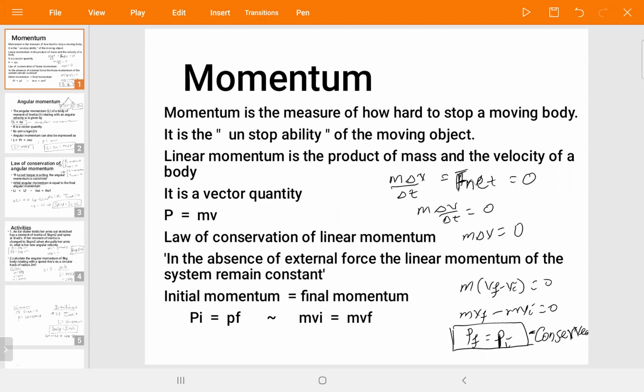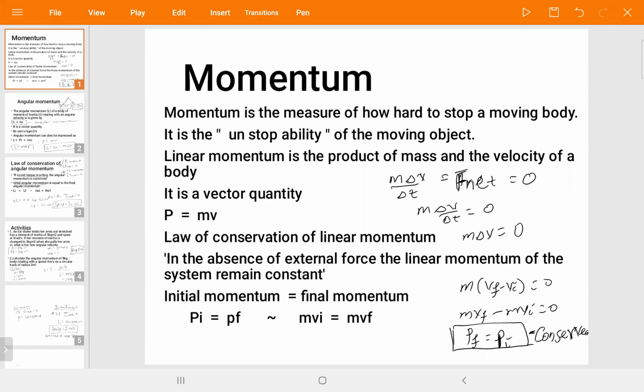If an object is moving with a large speed, it is tough to stop it. And in a similar way, if a body has a huge mass, it will be hard to stop it. And momentum can be linear momentum and angular momentum.